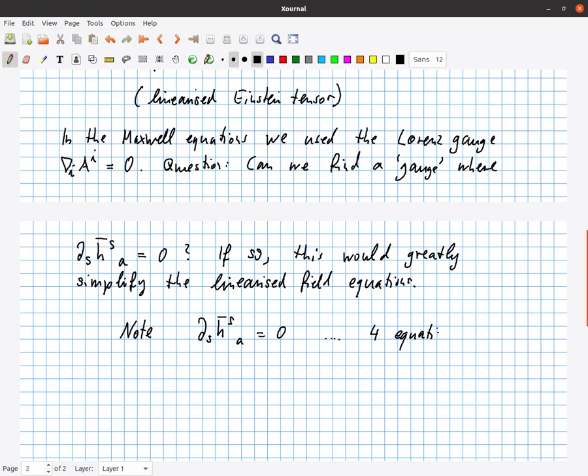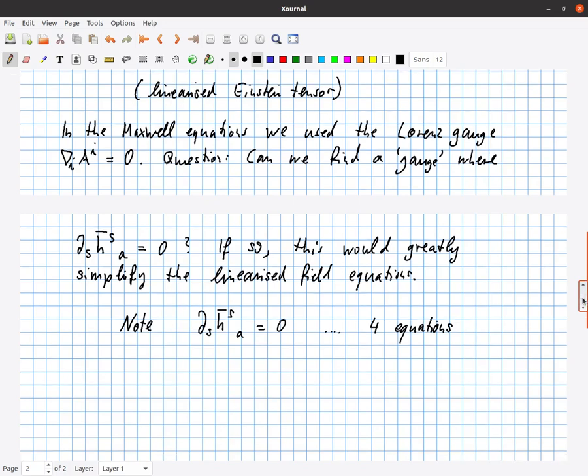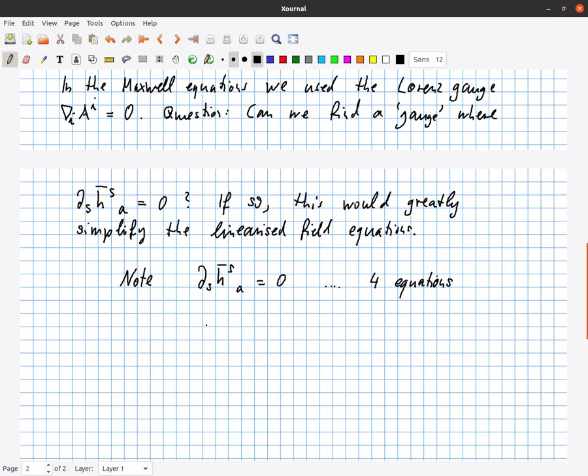And we are now working with almost exclusively a 4-dimensional setting. These are 4 equations. And remember that our x^a's are 4 coordinates.